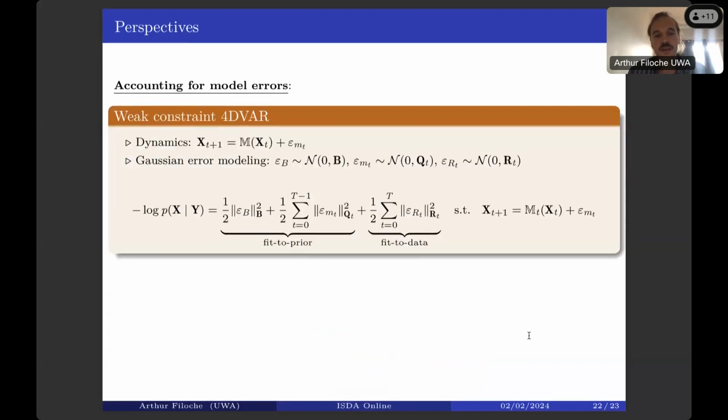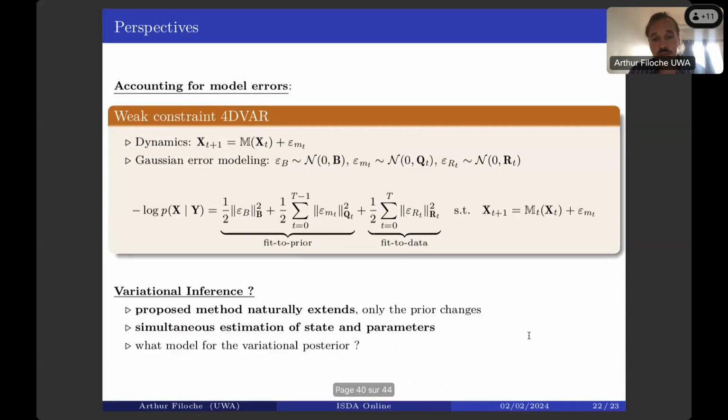And finally, all I presented assumes the dynamics are perfectly known, which is not very realistic. But if you look at weak constraint 4D-Var modeling, it seems that the variational framework fits the same way, because what you do with weak constraint 4D-Var is just introduce a more complex prior.